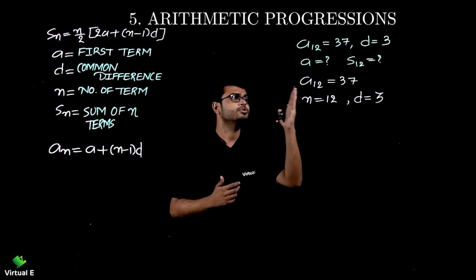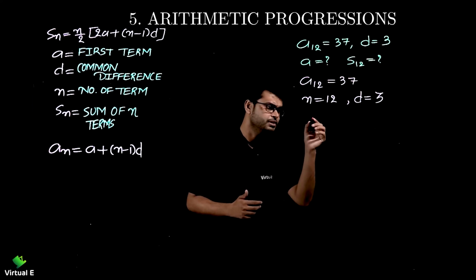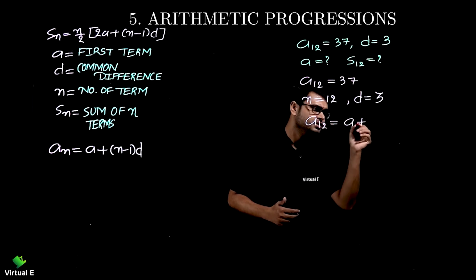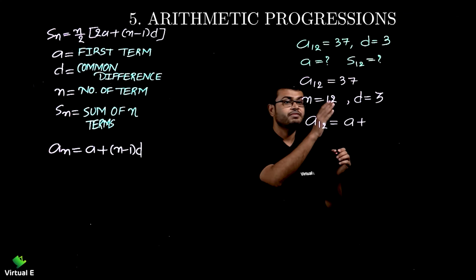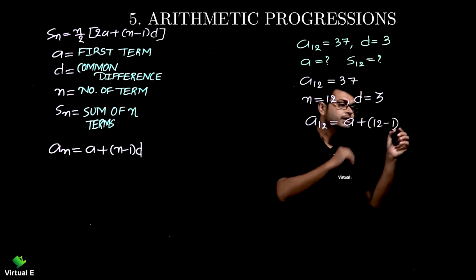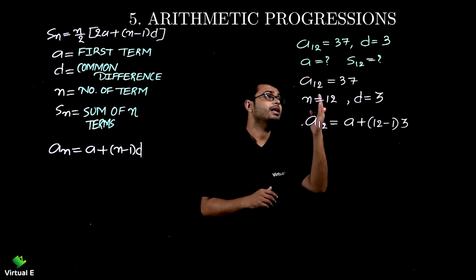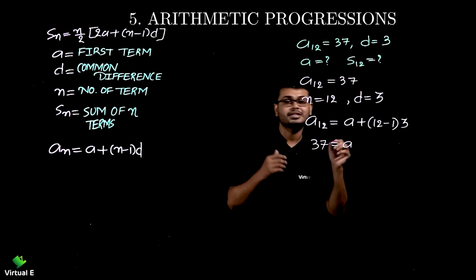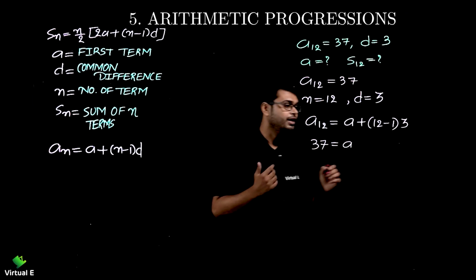So first of all, let's put the formula for a12, very simple. a12 is equal to a plus (n minus 1) d. What is the value of n? 12. 12 minus 1. What is the value of d? 3. So a12 is 37 here. Then a as it is, because I want to find the value of a.